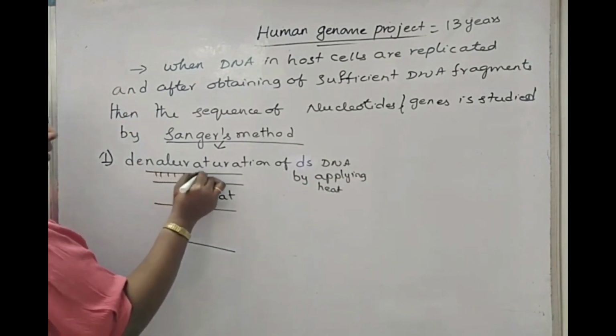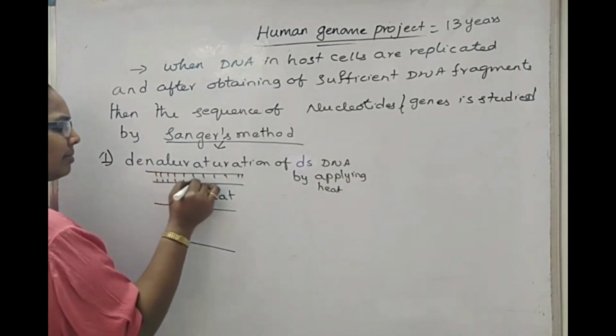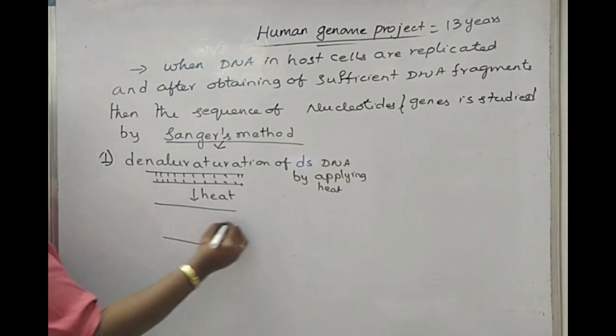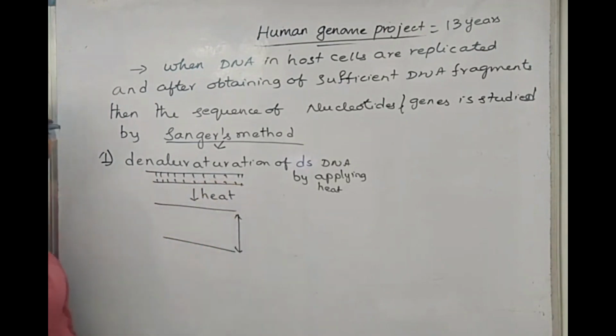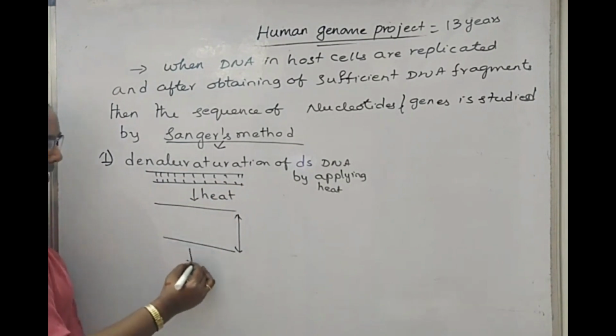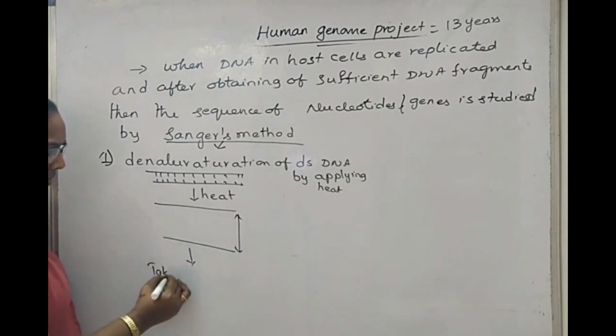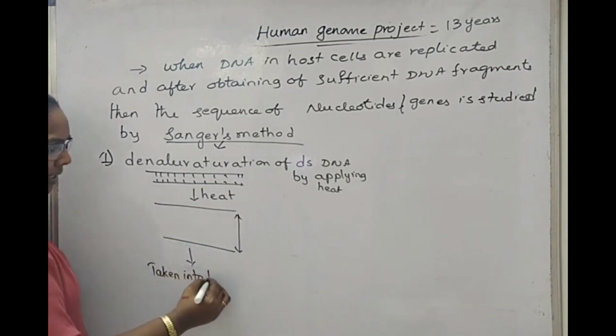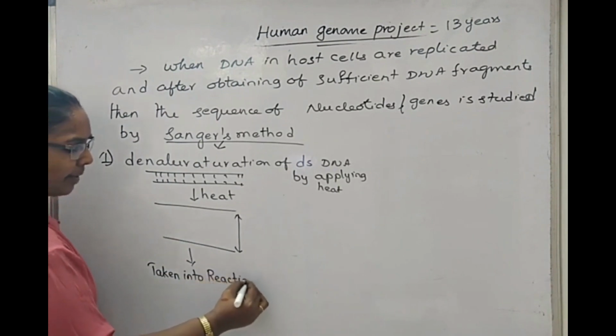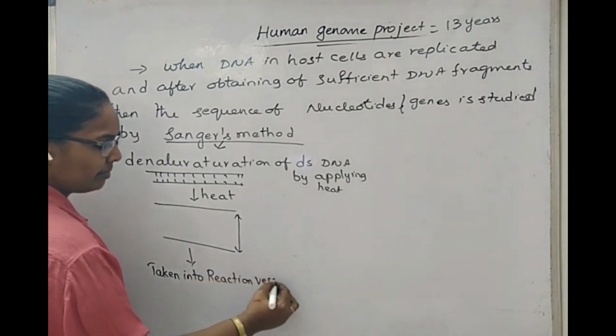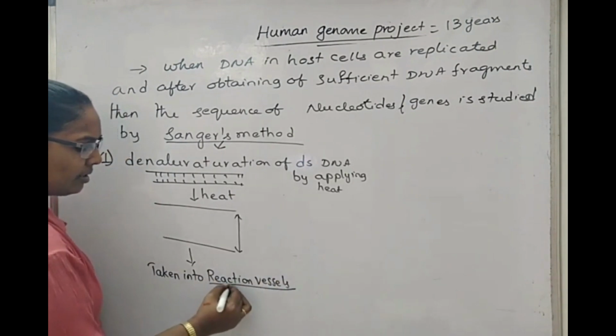Initially, they will be very nearby like this. Now, the distance has been increased because of the application of the heat. Now, they are taken into reaction vessels or test tubes.